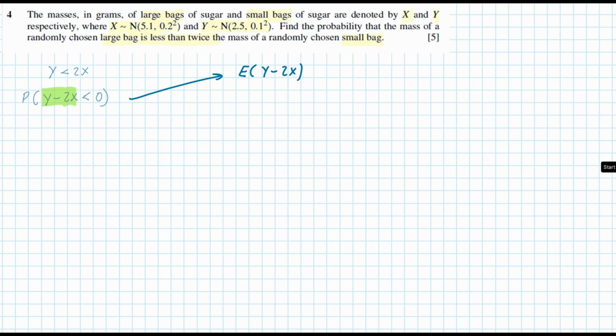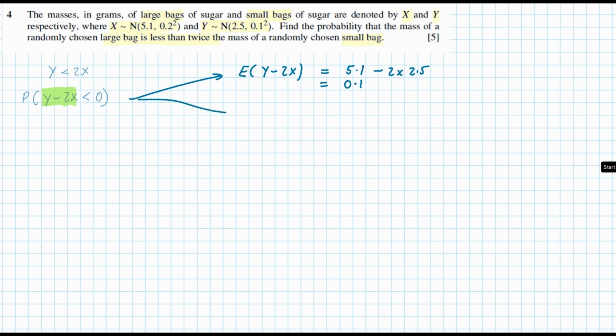Here E is our expected value, so we're thinking about the mean. They're both normal, so this is also going to be normal, and to work out the expected value, we're going to take our Y mean, which is 5.1, and then take away two lots of the X, which is 2.5. And so this gives us 0.1, doesn't it?